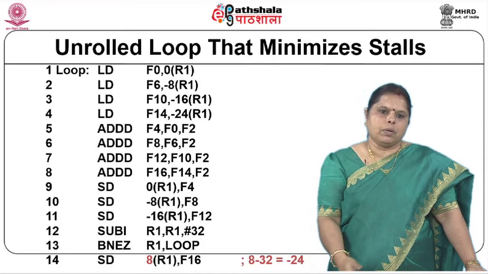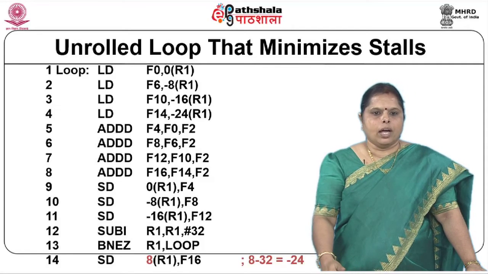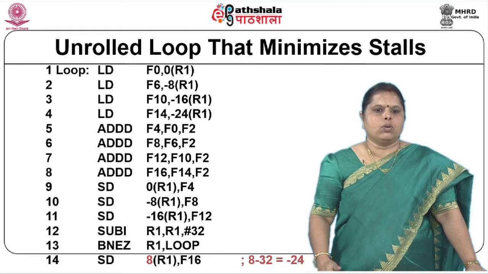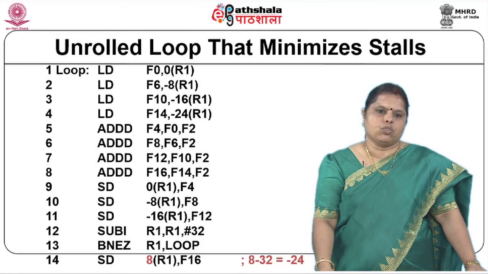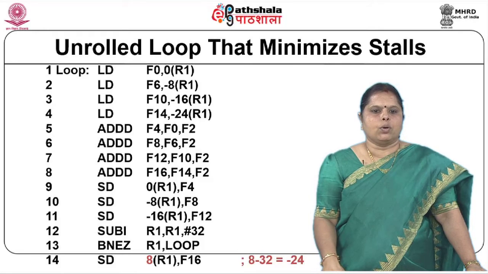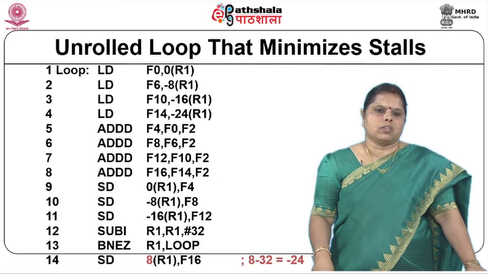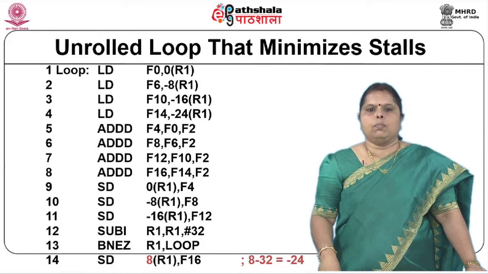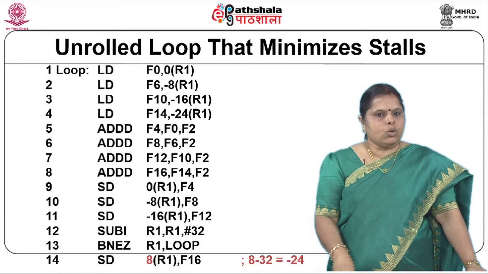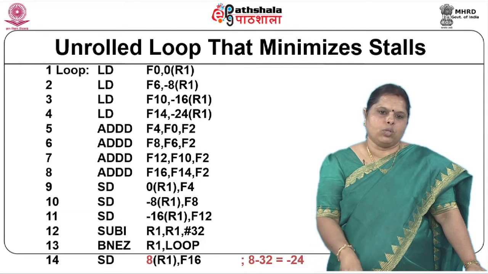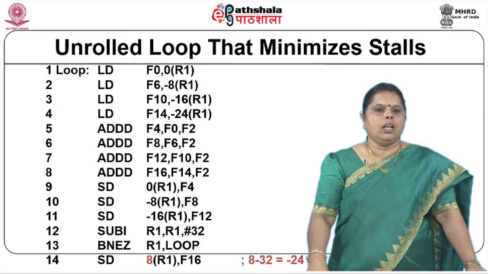If you recall the previous schedule, we had a load followed by a dependent add, so we had to introduce a stall. Now we are rescheduling the instructions. All the loads have been brought together. These loads are totally independent of each other, so they can happen in parallel, and then all the adds come into the picture.